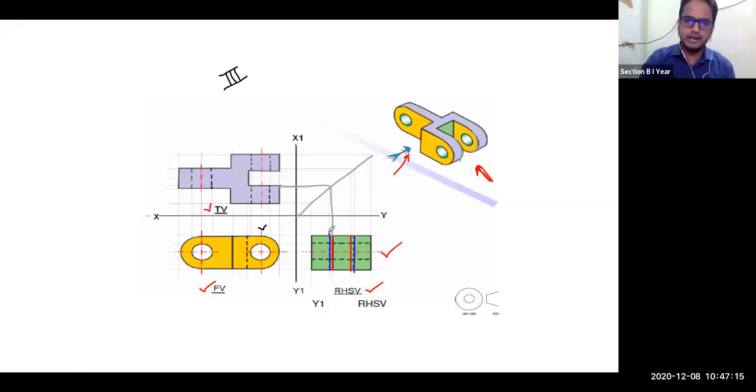Don't mind it, because I have to use gray color for projection lines. So I'm extending this blue line to see where it is going. It is going in this direction, and it is going up to here. So it is representing nothing but this line in your isometric view. You can see this is the first one, and this is your second one.